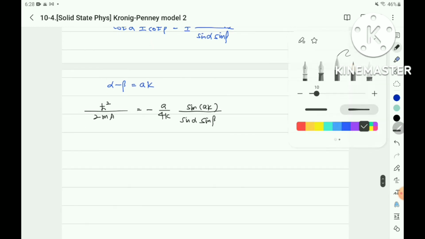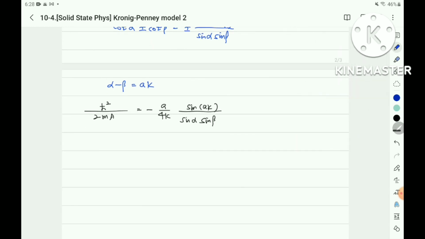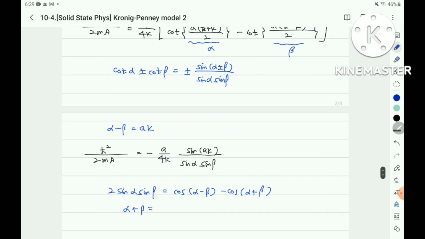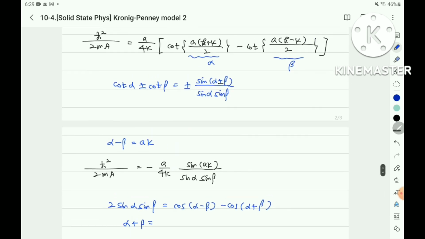Here also let's use 2 sine alpha sine beta is cosine alpha minus beta minus cosine alpha plus beta. Then here alpha plus beta is ak.